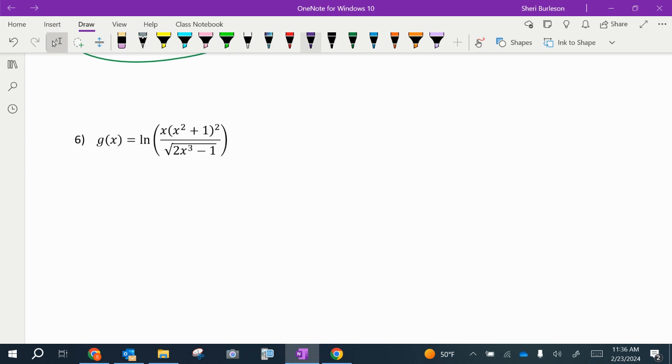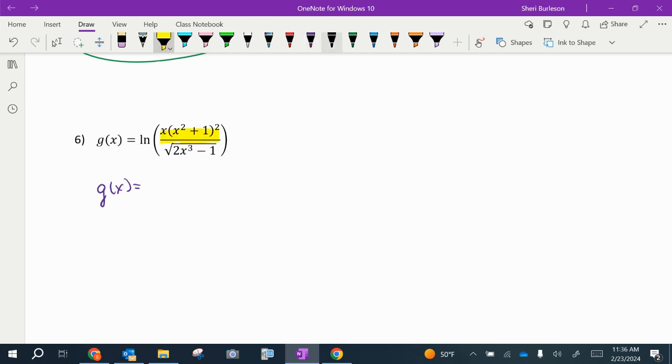So instead of doing that awful derivative, I'm going to rewrite the natural log using properties of logs. So the first thing that I can do is I have a numerator and a denominator.